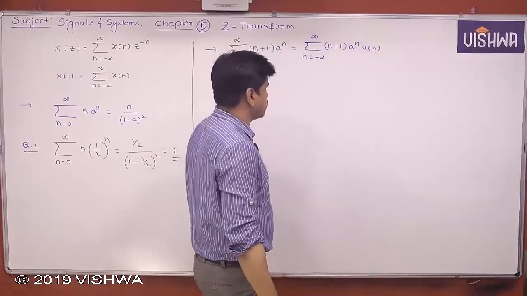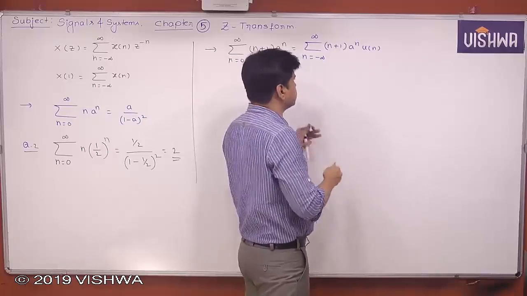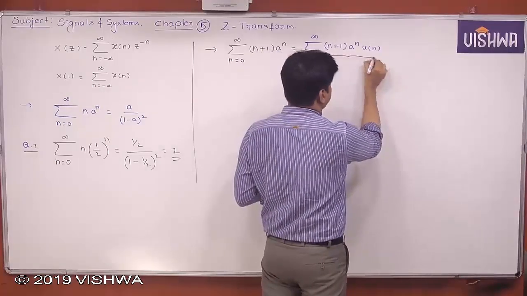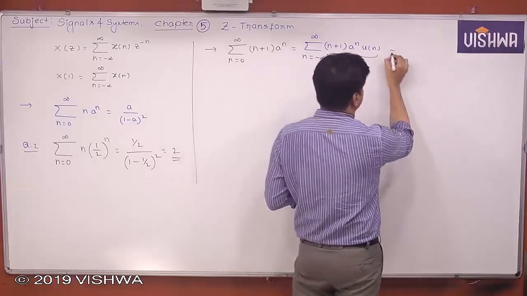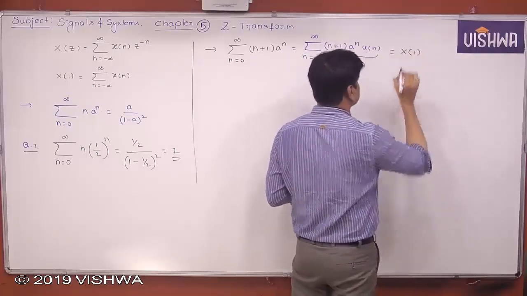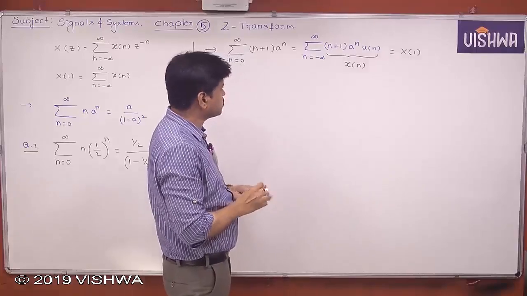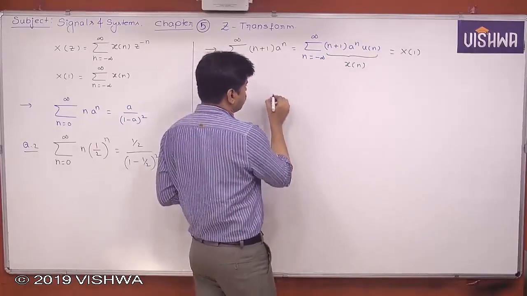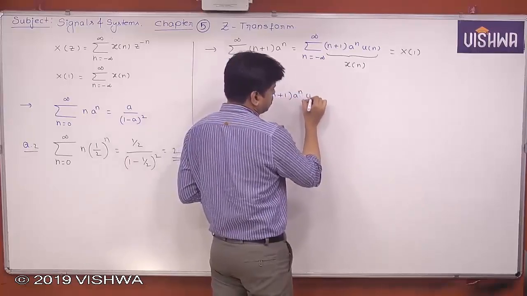Let's call the signal x of n, then this is equal to x of 1. What is x of 1?